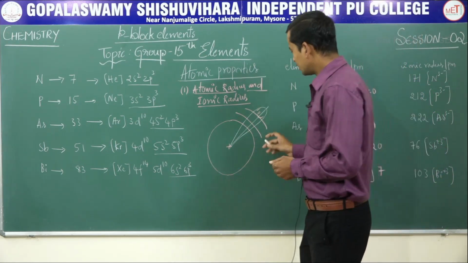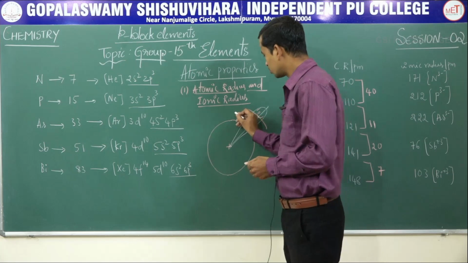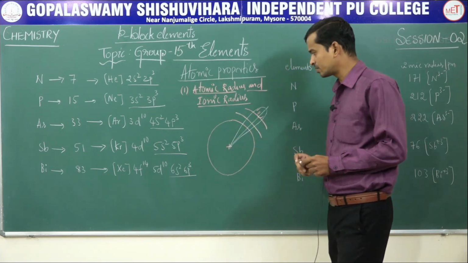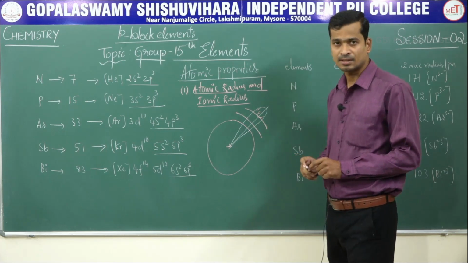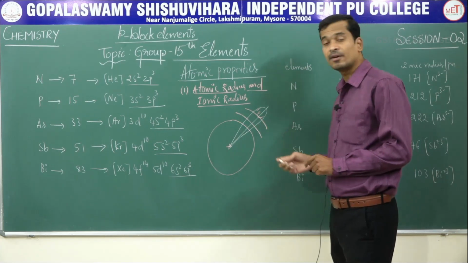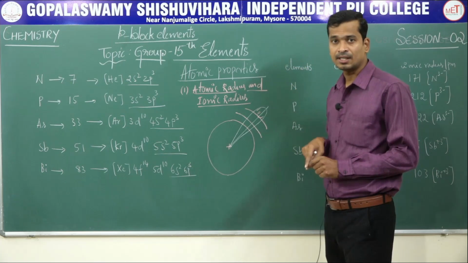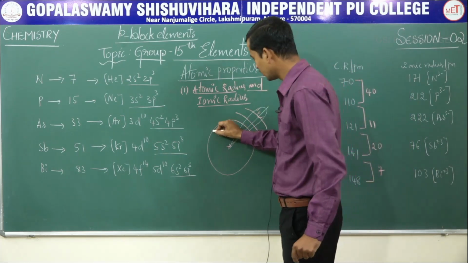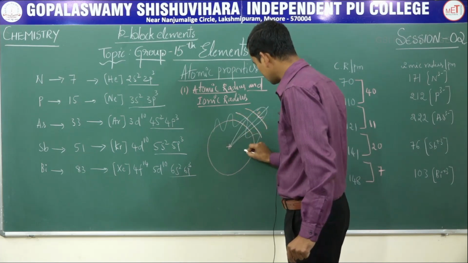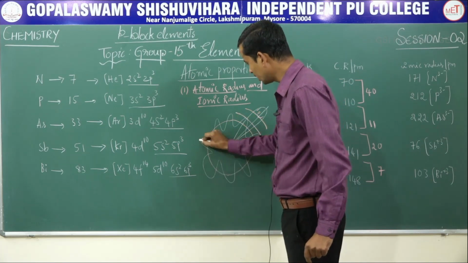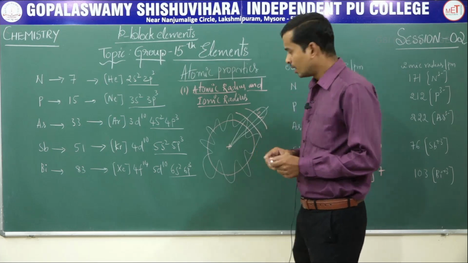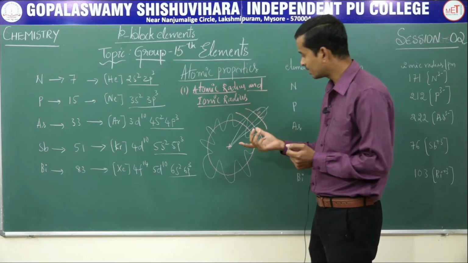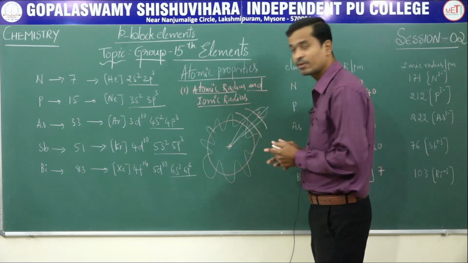But this definition does not hold good. Why? You have studied in your first PUC chapter atomic structure, the dual character of an electron. The electron is a wave particle in nature, meaning wave crest and trough; the electrons move in a wave nature. So the boundary of an atom cannot be defined.